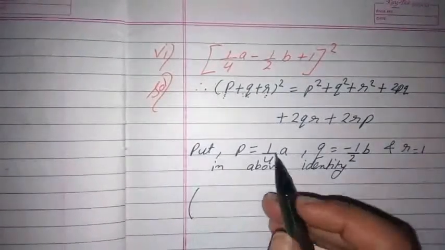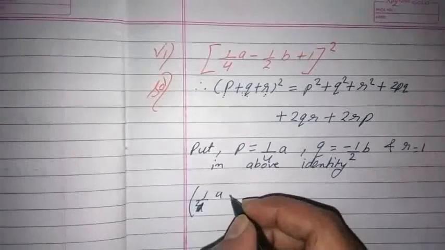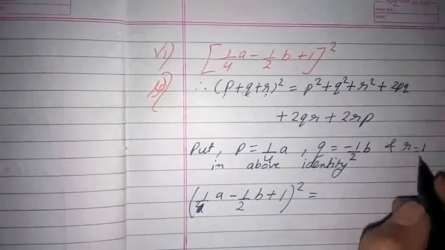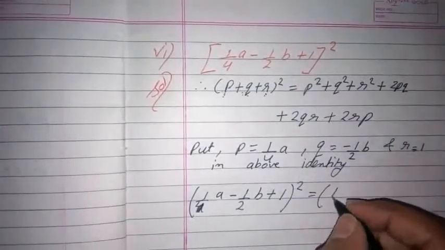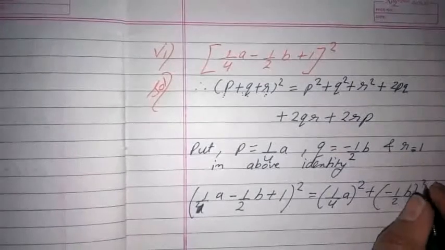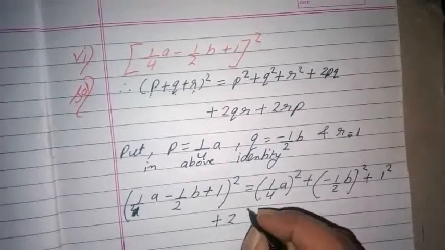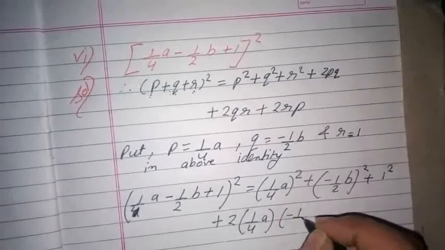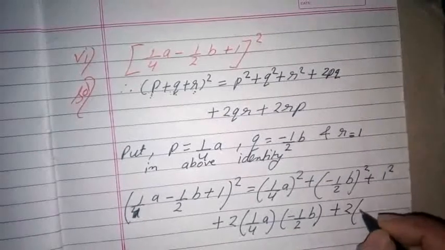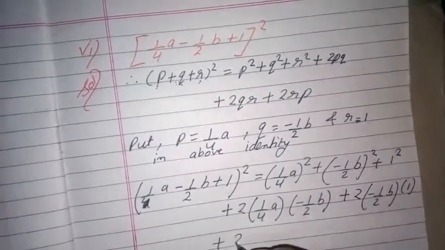Okay, let's put the values of p, q, r. p is 1 upon 4a and q is minus 1 upon 2b and r is plus 1, and their whole square. p square means whole square of 1 upon 4a. q square means whole square of minus 1 upon 2b. r square is square of 1, plus 2pq, so p is 1 upon 4a and q is minus 1 upon 2b, plus 2qr, 2 and q is minus 1 upon 2b and r is 1, plus 2rp.